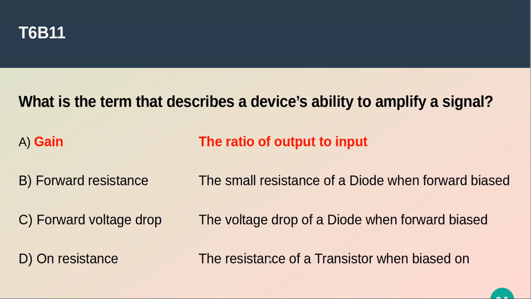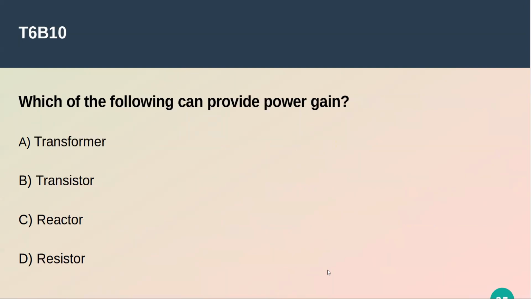And the on resistance is just the minimal amount of resistance in the circuit intrinsic to the transistor itself. So it's always there. So when the transistor is fully conducting, it's going to have some minimal amount of resistance, which is what we call the on resistance.